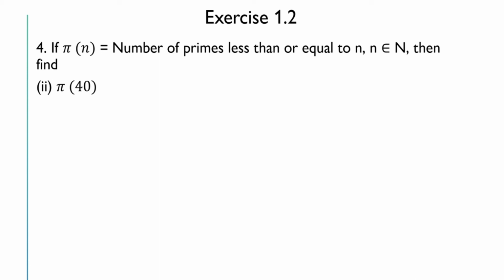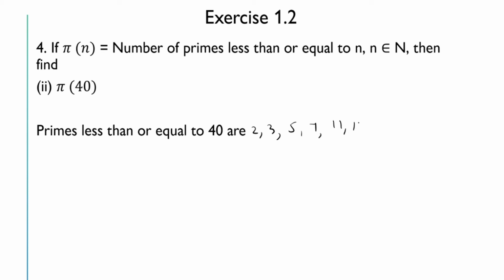The next one is the number of primes less than or equal to 40, pi of 40. So the various primes less than or equal to 40 are 2, 3, 5, 7, 11, 13, 17, 19, 23, 29, 31 and 37.